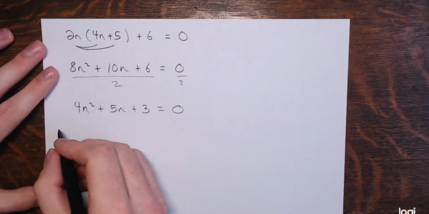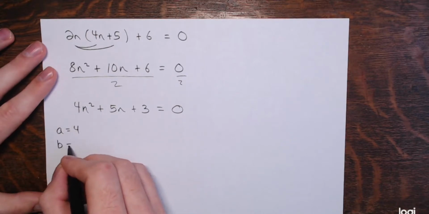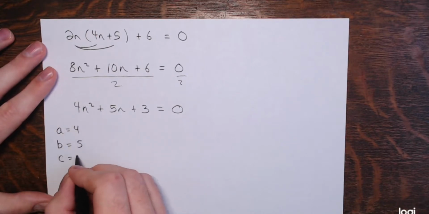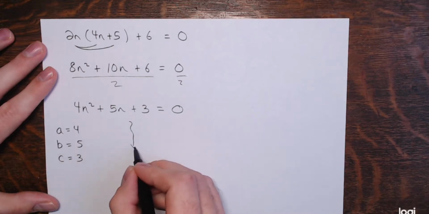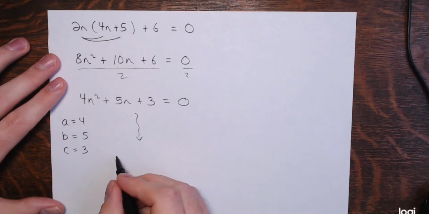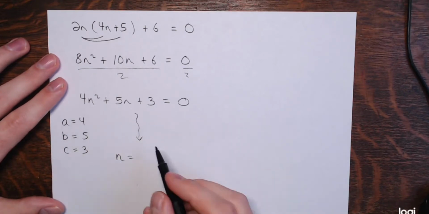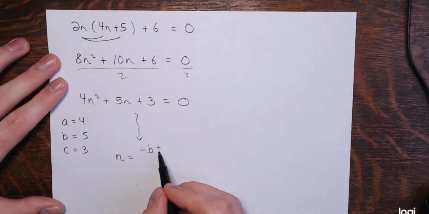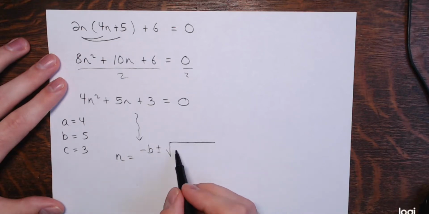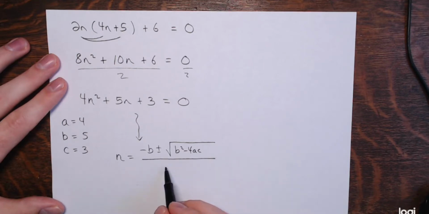All right, so the value of A is 4, the value of B is 5, the value of C is 3, and we can jump right to the solutions. And again, I'll write out the formula. It'll be n equals, right, the variable's n, the opposite of b plus or minus the square root of b squared minus 4ac, and then all that divided by 2a.